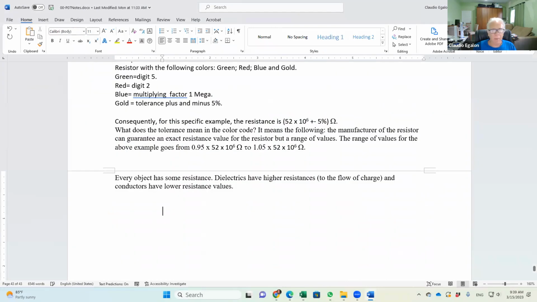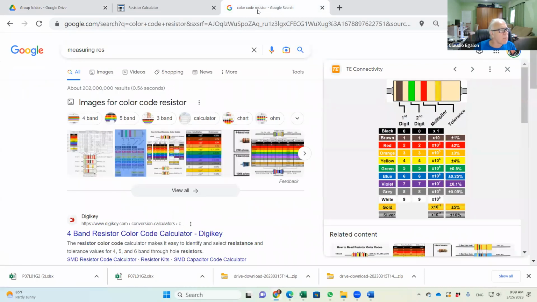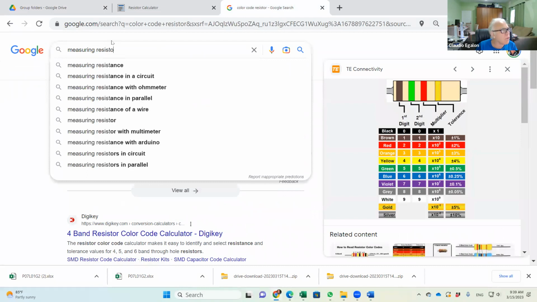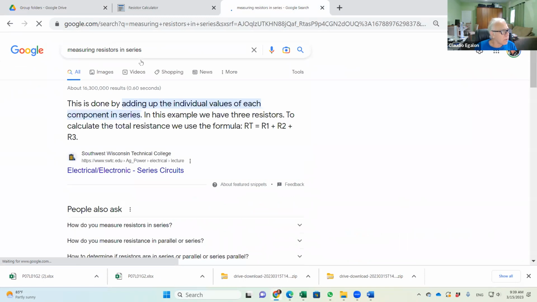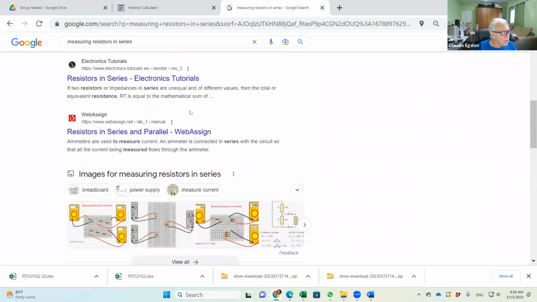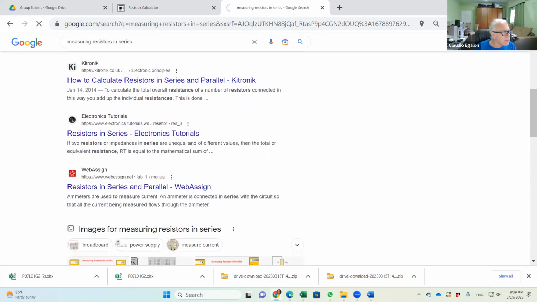I'm going to open my, allow me to show how we measure resistors in series. I want to show you a picture. Taking time.